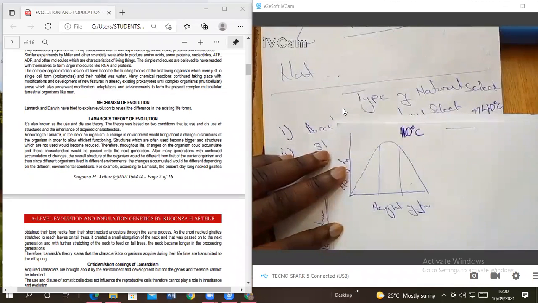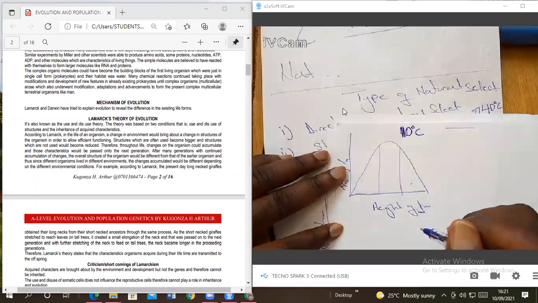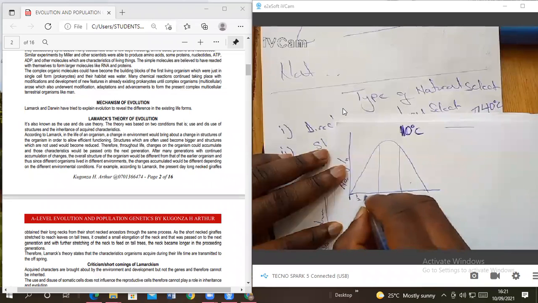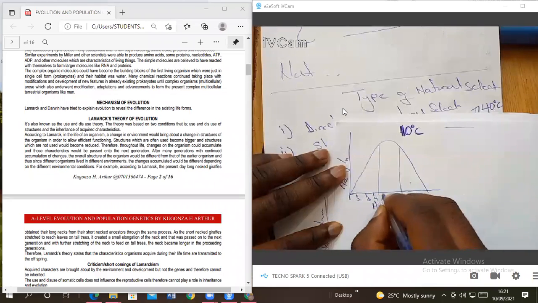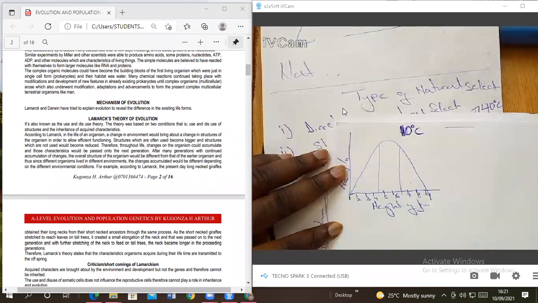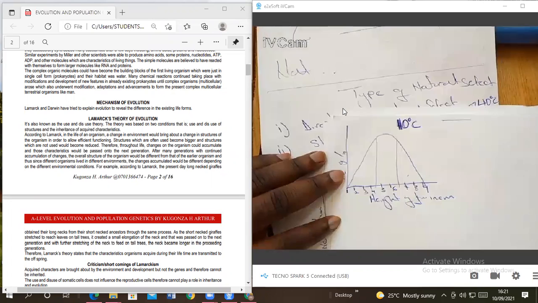Which individuals will be selected for? Let me assume that here we had 1 centimeter, 2, 3, 4, 5, 6, 7, 8, 9. This is length in centimeters.